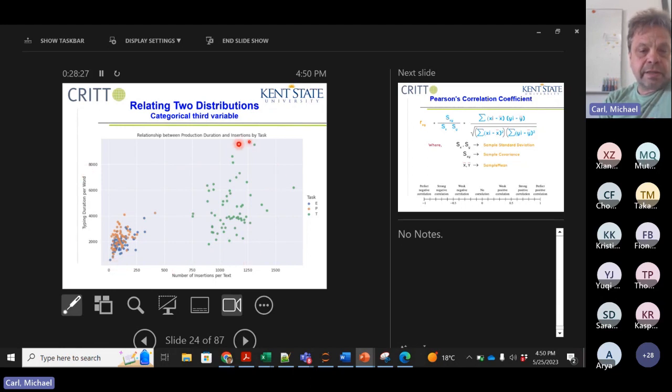And we can see here that there seems to be a relation somehow, but for each of those different tasks, a different relation somehow. And we present this on the same graph because they all have a number of insertions and a duration, but you see that those points are differently distributed and they seem to follow a different logic or a different relation for these three tasks.